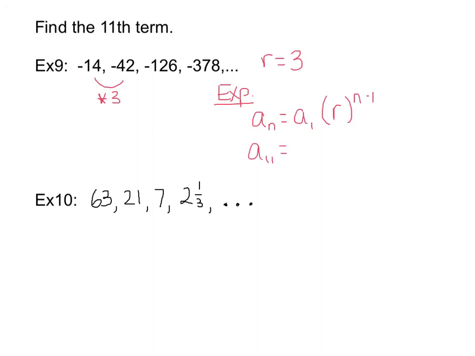The a sub 1 is negative 14, the r is 3, and our n is 11. That's the number we're trying to find, and we're going to subtract 1. If you use your calculator to figure out what this is, it comes out to be negative 826,686. And that is the 11th term.